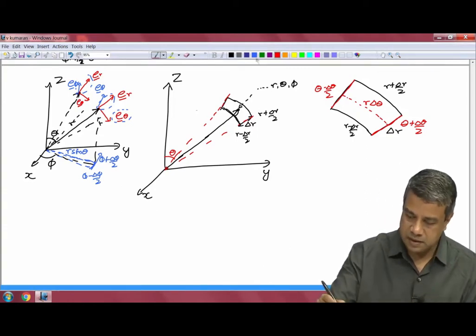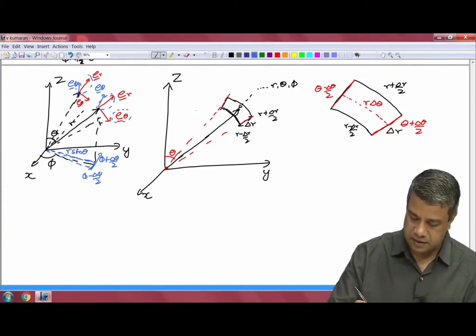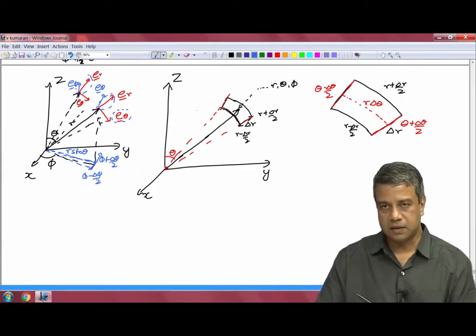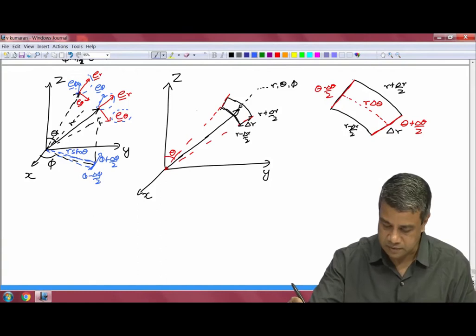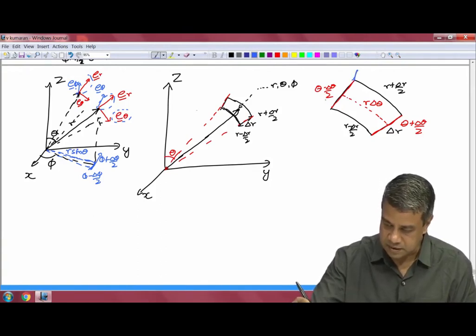And then there is an increment in the phi direction here, between the locations phi minus delta phi by 2 and phi plus delta phi by 2. So, if I draw it, this looks something like this.